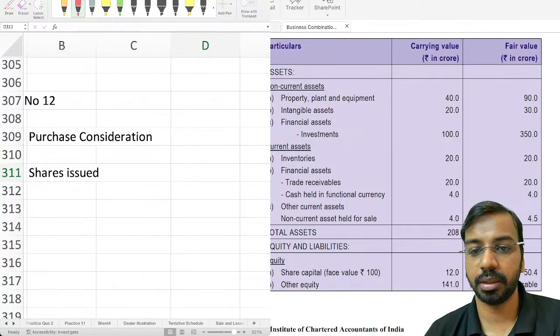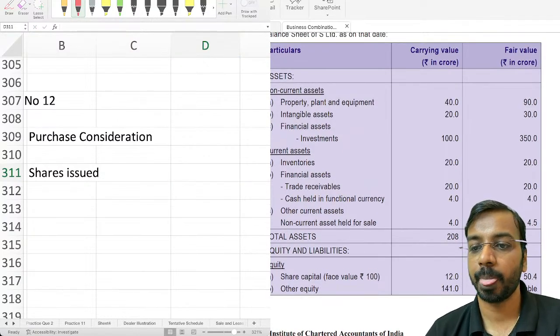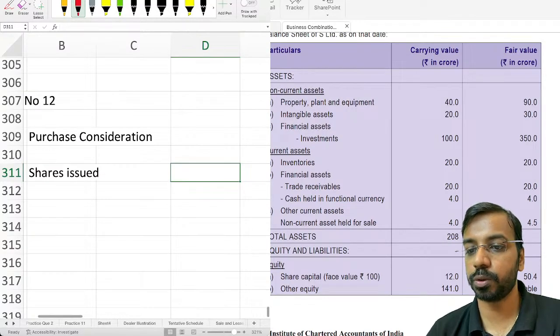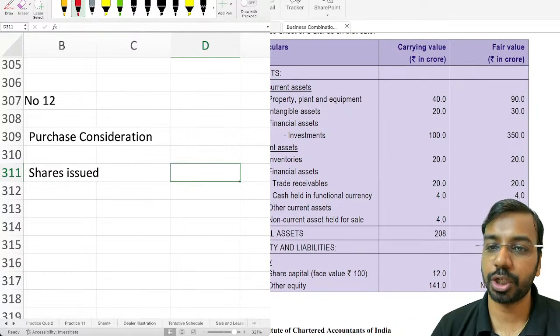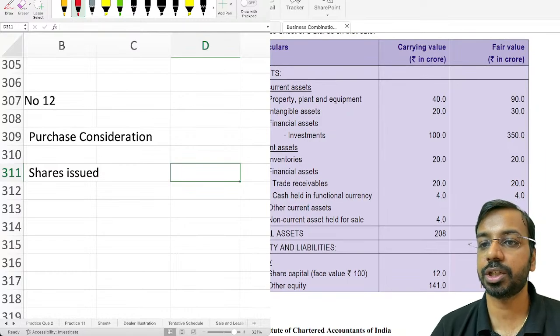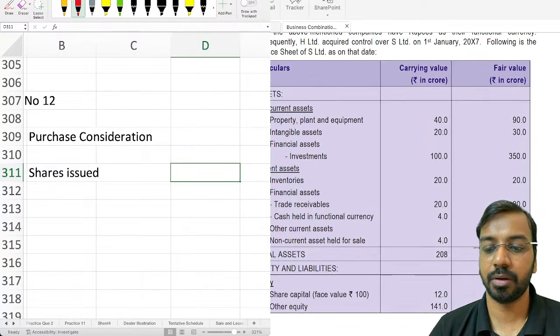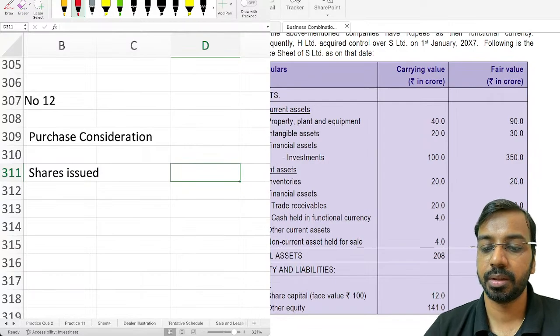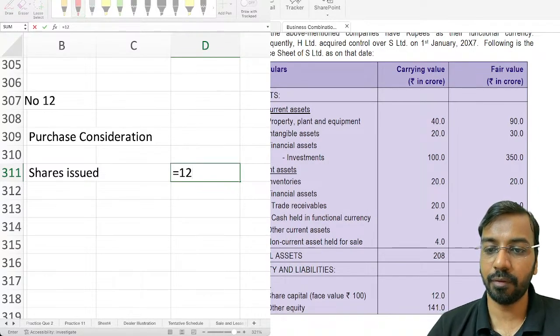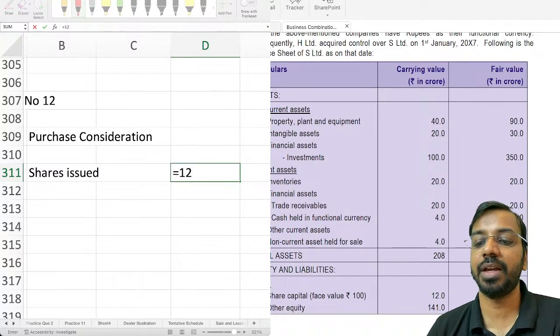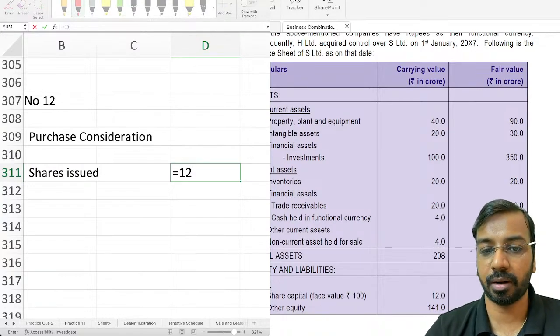Just a second, the screen is troubling me. Again, coming back so that we don't lose track. We have 12 crore shares in the S Limited. I'll not write crores, I'll just say 12. Each share has a face value of 100, so divided by 100.